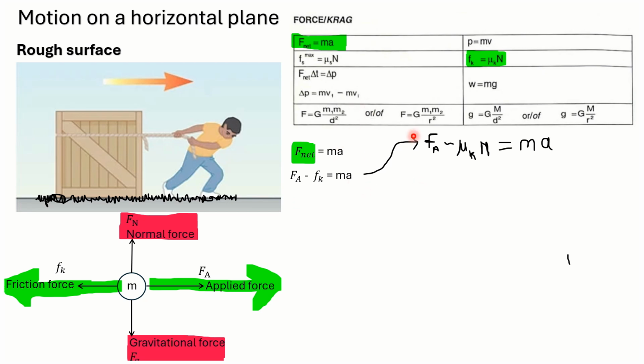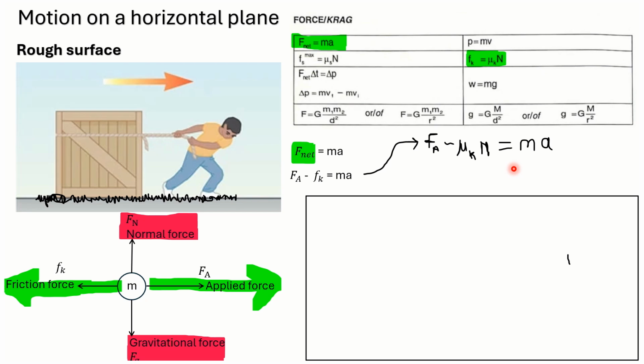Look what I did. I replaced Fk, or the kinetic frictional force, with this equation here. However, I want you to note that this normal force has a relationship with the frictional force through this equation.